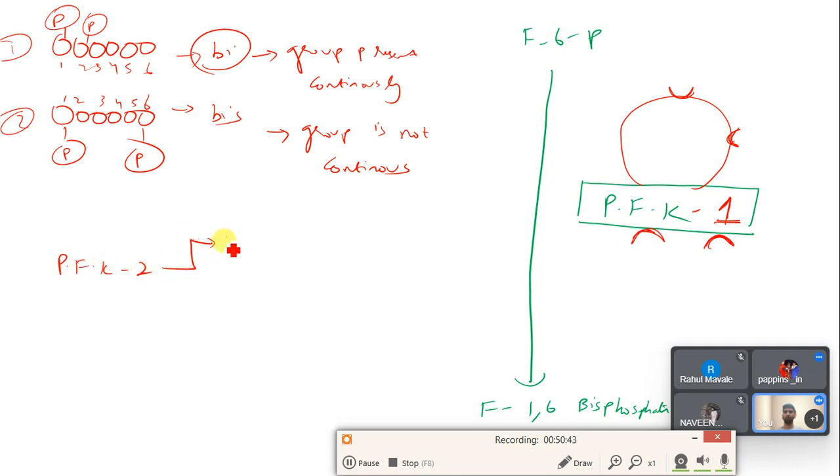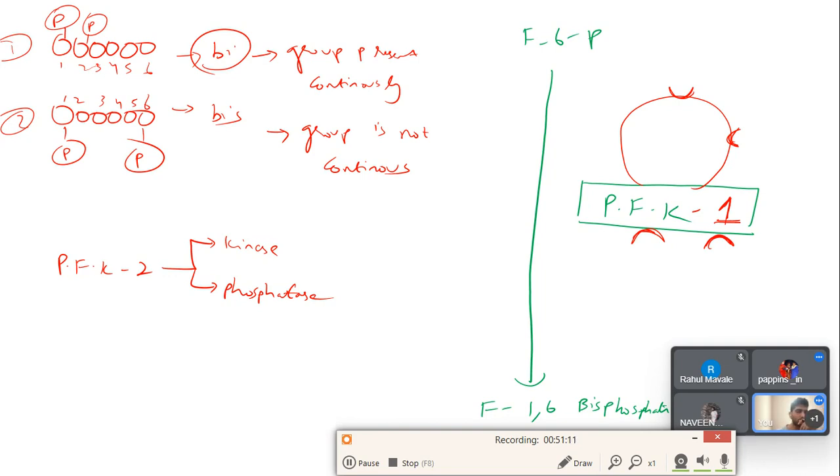PFK2 can act as kinase and phosphatase. So this is PFK1. When this PFK1 is active, it adds one more phosphate group to the fructose chain. So that's a simple answer.